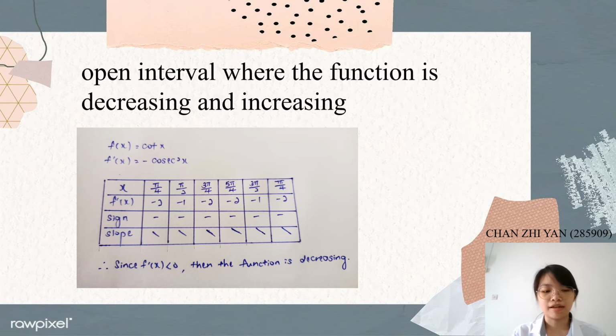Then we will get negative values. After that, between pi and 2 pi, we will take 5 pi over 4, 3 pi over 2, and 7 pi over 4 as the x values and also substitute into f prime x. Then we will also get negative values. Therefore, since f prime x is negative, less than 0, this function is decreasing.